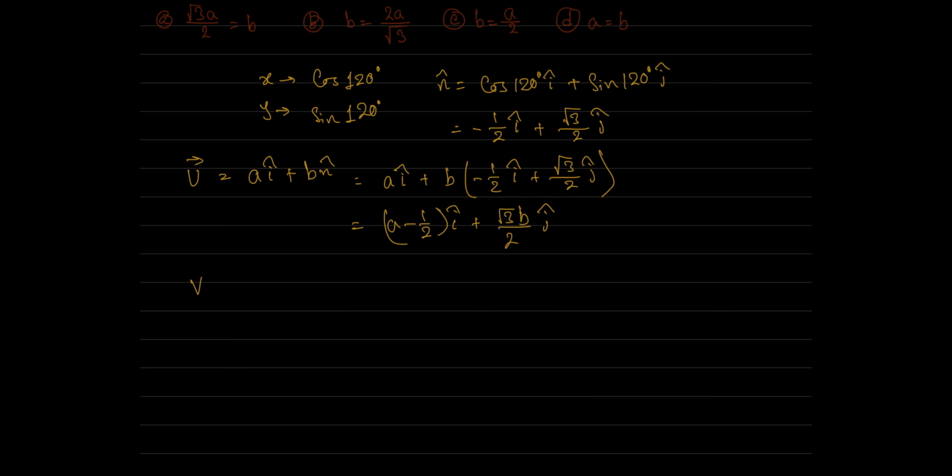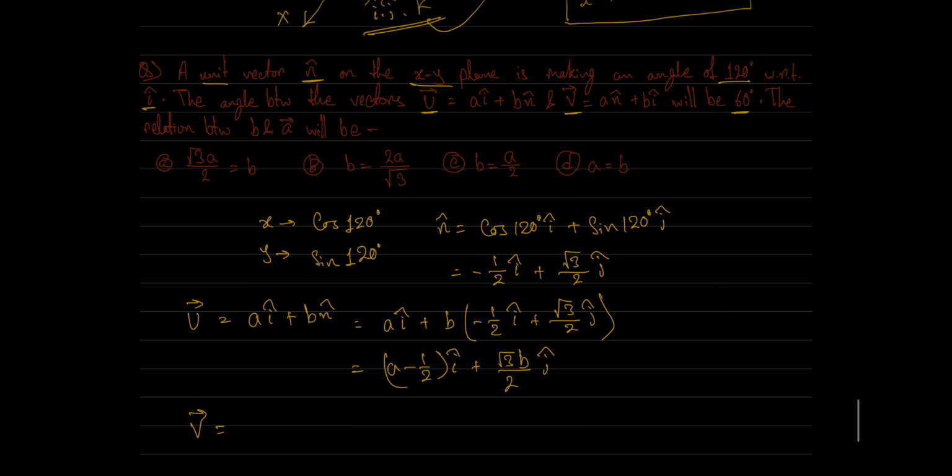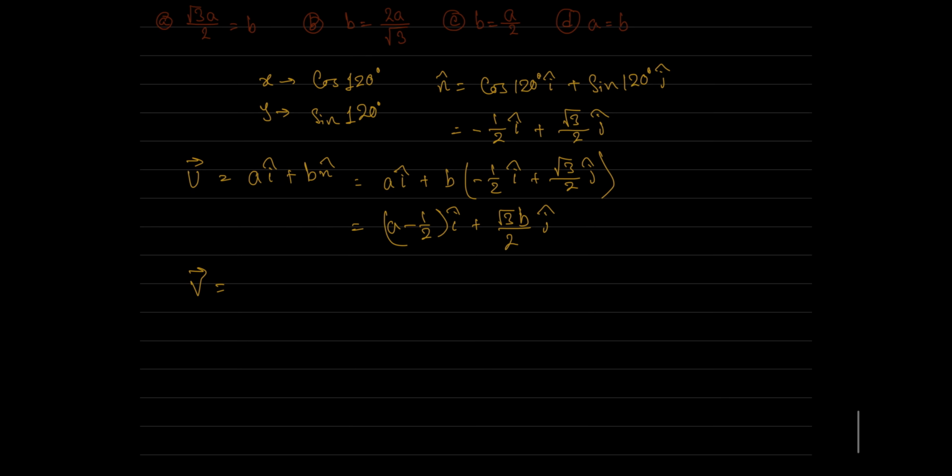And the v vector is given as a n cap plus b i cap.